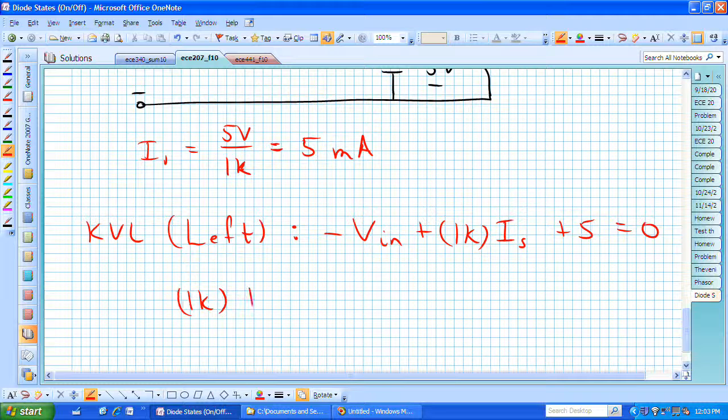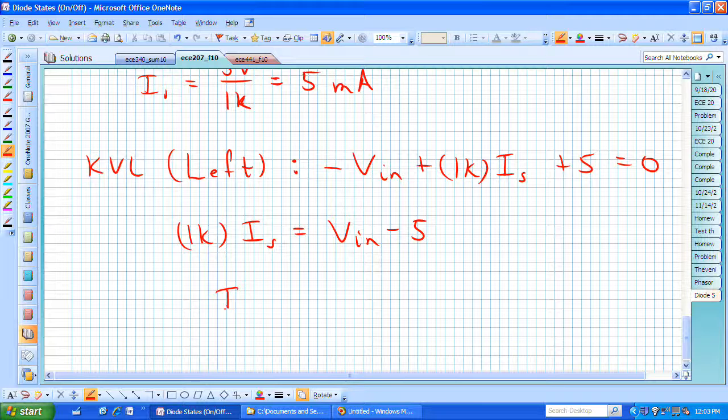We now have 1K times I sub s is equal to Vn minus 5, or I sub s is now Vn minus 5 over 1,000, or we're going to have Vn over 1,000 minus 5 milliamps.